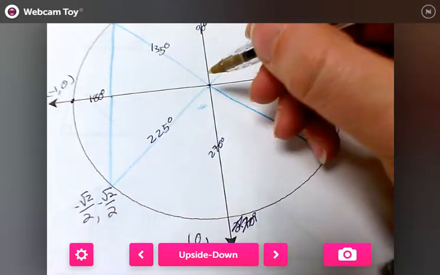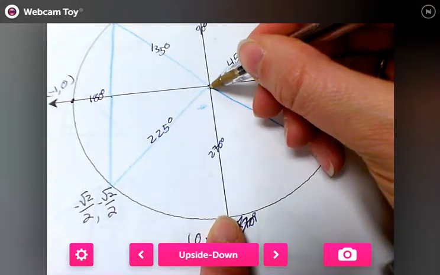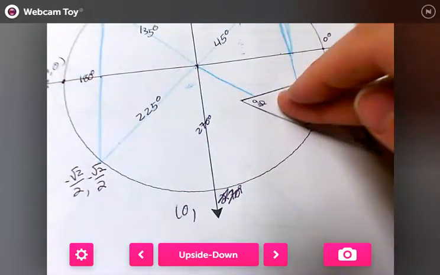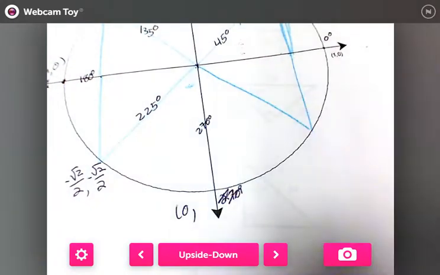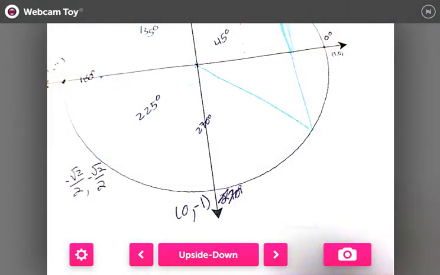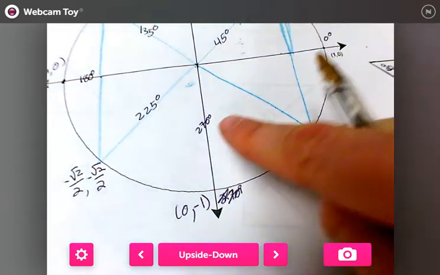See how this is directly below it? I didn't go right or left at all, right? How much did I go down? Negative 1. Good. Once you figure it out, it's like, oh, duh. But when you're first looking at it, I agree with you guys. It's rough. Okay, this is 270.